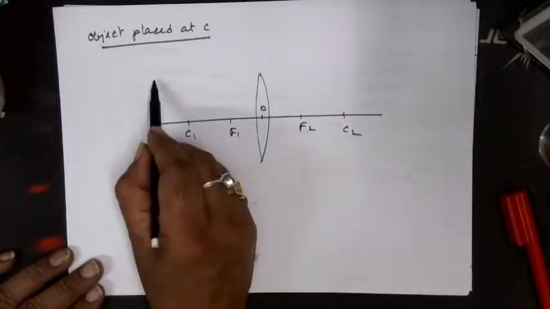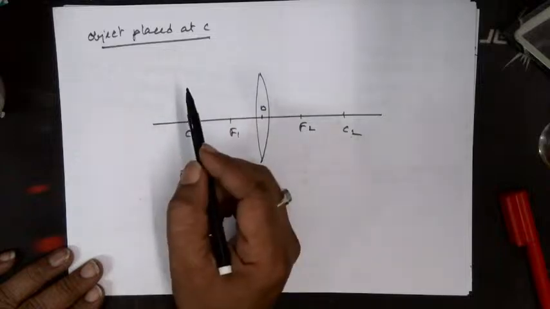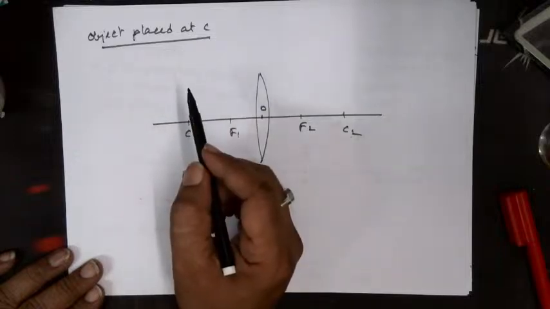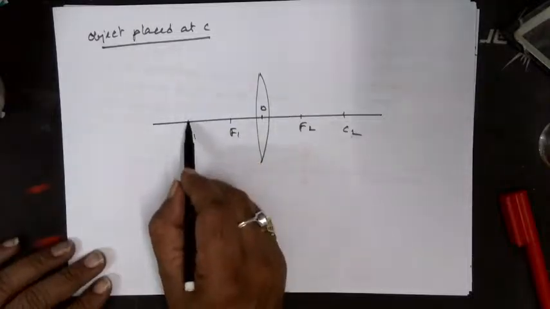Now the object is placed at C, that is 2F.